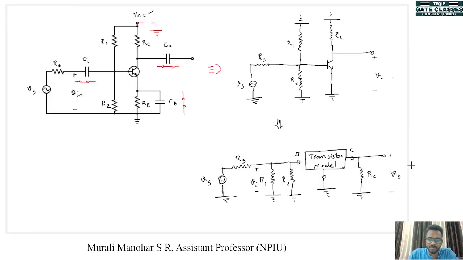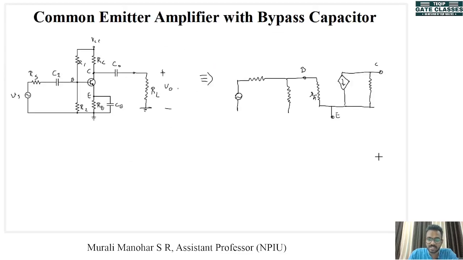At collector we have two resistances, one is RC and the other one is RL. This is all connected to the ground. Here also let me replace this with ground. Anyway it is connected to ground, but let me do this more accurately. Here we have the output.